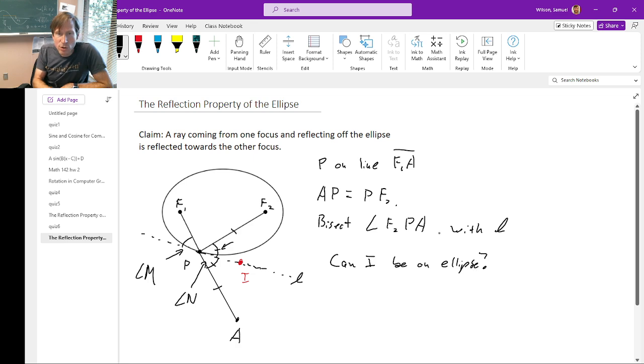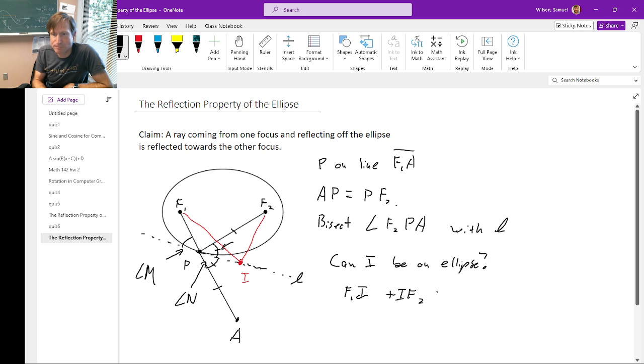Okay, so to check if it's on the ellipse, all we need to do is check if the point I has the characteristic property of the ellipse. So we'll take the distance from F1 to I and add that to the distance from I to F2.